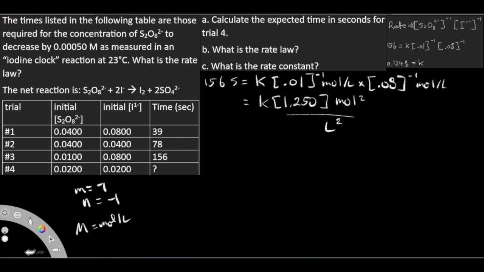Now we're just going to continue to write this down with our seconds, just continue to go downwards, and of course we have to eventually isolate for our K. So you just divide whatever this one was, because right now it is multiplying this thing. Okay, it is multiplying. The opposite of multiplying is divide, so we're just going to divide by this whole thing so they cancel out. So you just divide 1250 moles squared over liter squared, so that they can all cancel out really, really well. Do it on the left side as well.